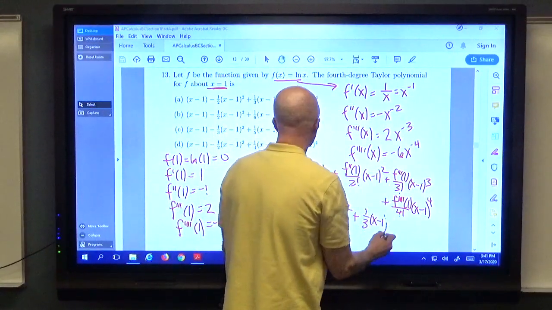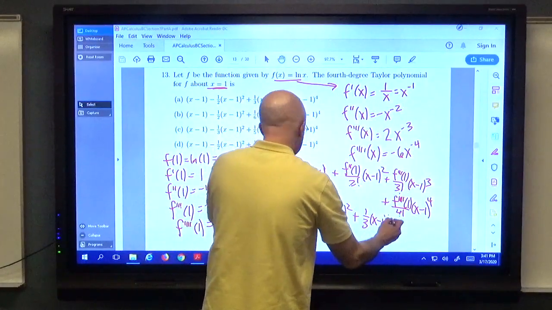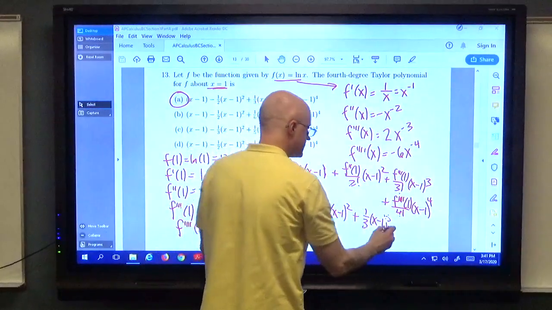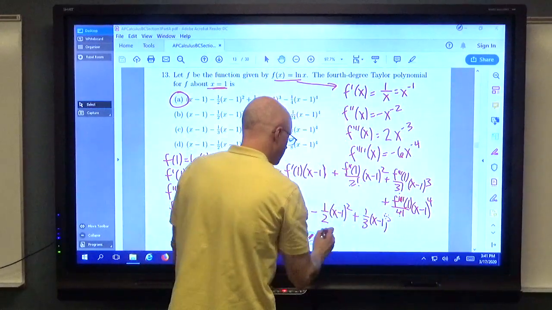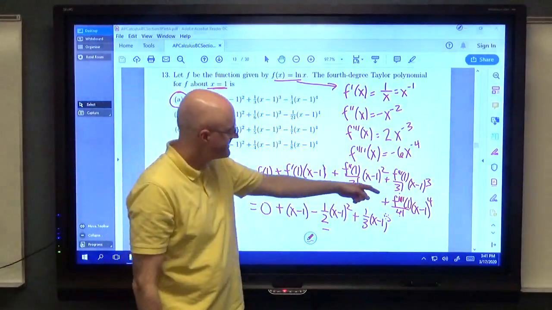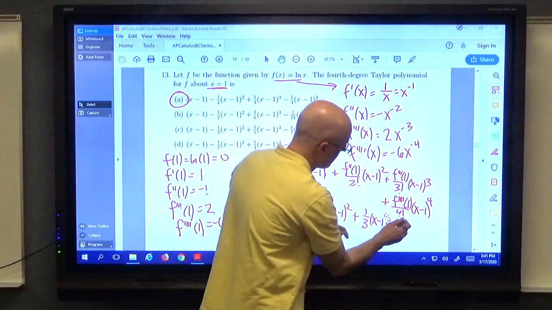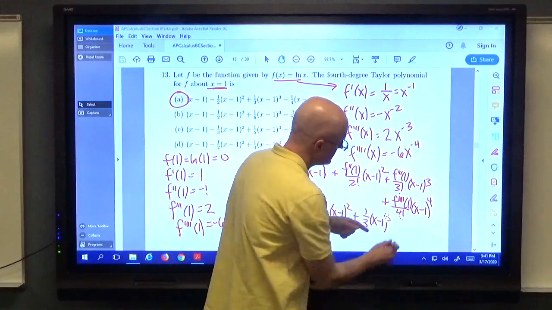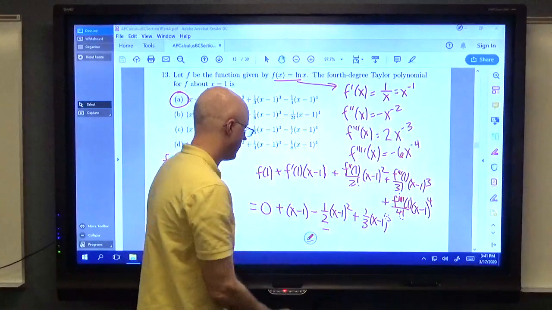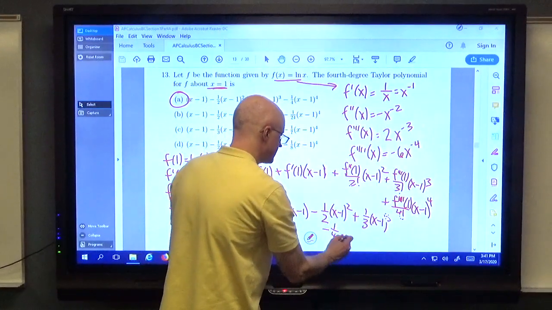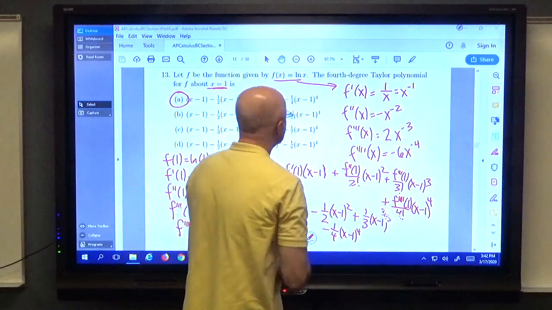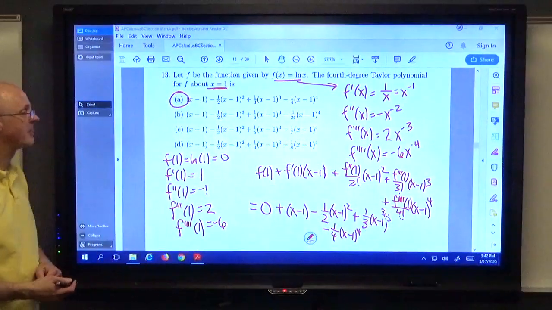And at this point, we actually could stop and say our answer is choice A. Let's just confirm the last one. f quadruple prime of 1 is negative 6. Negative 6 divided by 24, which is 4 factorial, is negative 1/4. So that's consistent with answer A.